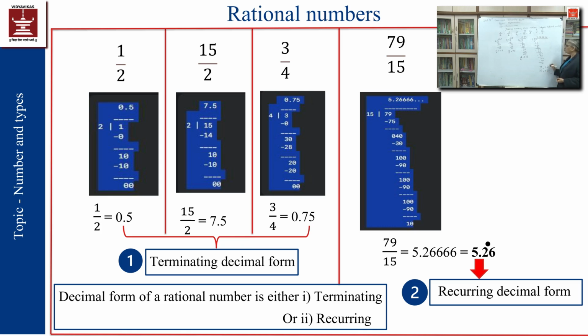We have come across the first example where the rational number 79 upon 15, which was chosen at random with no significance, has a recurring decimal form.